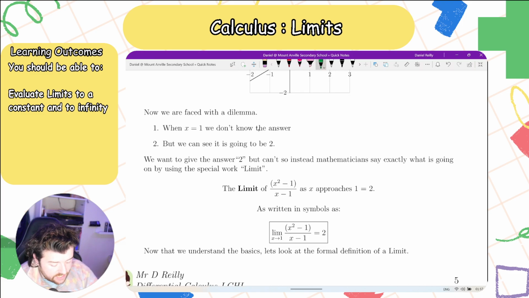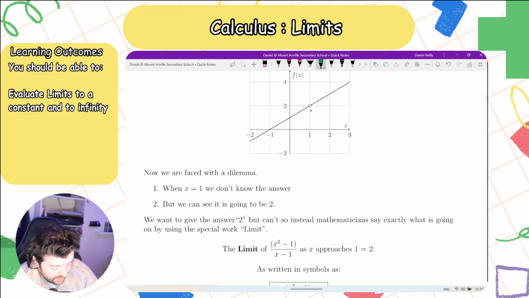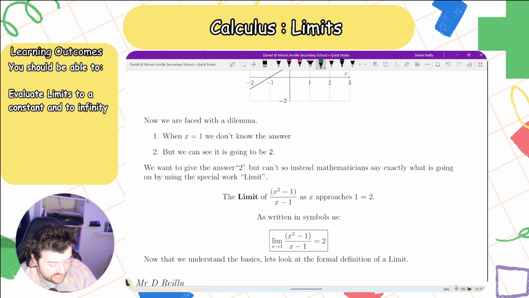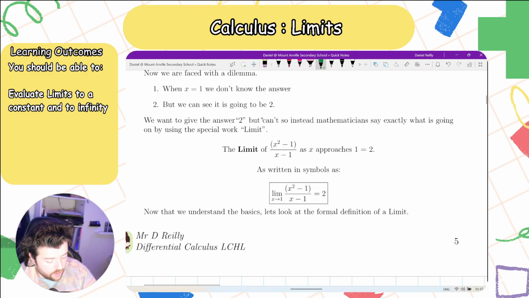So when x equals 1, we don't know the answer because there's a gap there, but we can see it is going to be 2. We want to give the answer 2, but we can't, so instead mathematicians say exactly what is going on by using a special word: limit. The limit of x squared minus 1 over x minus 1 as x approaches 1 equals 2.